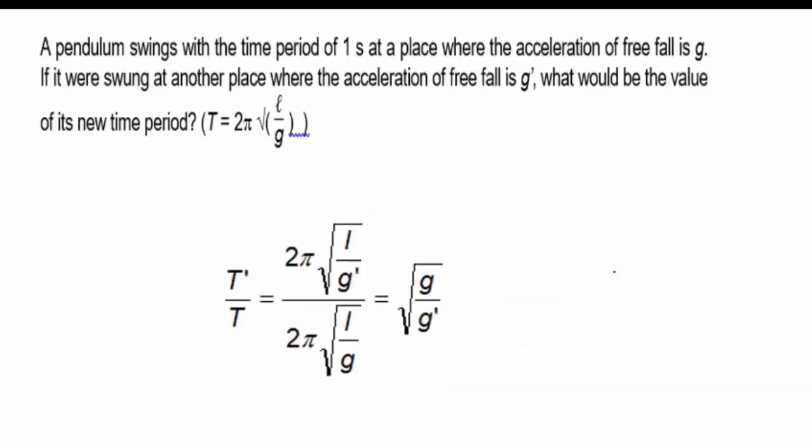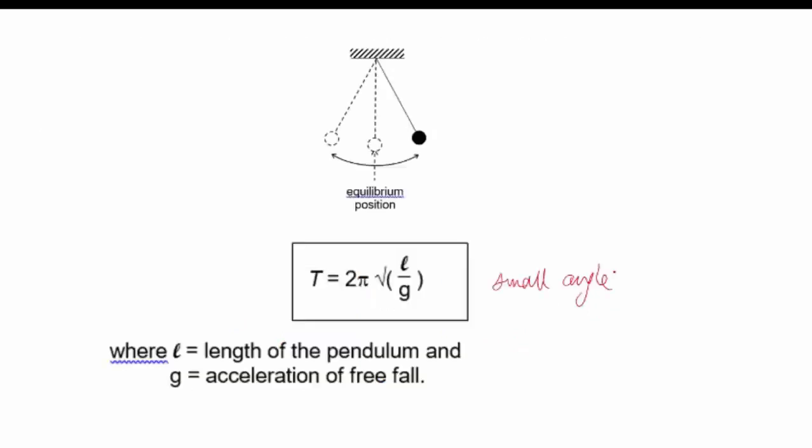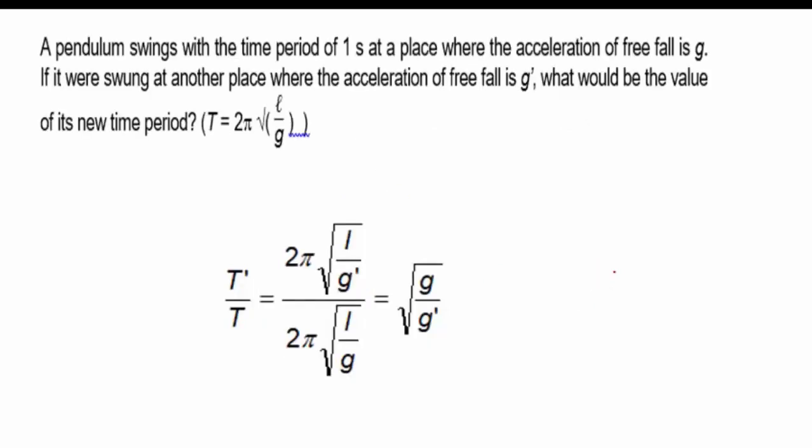So in this case, the pendulum period depends on the length and on the free fall acceleration. In the next example, you have a pendulum that has a period of 1 second at a place where the acceleration of free fall is g. Now, if we bring it to another place, let's say the moon, what would be the new period if the new acceleration is g prime?